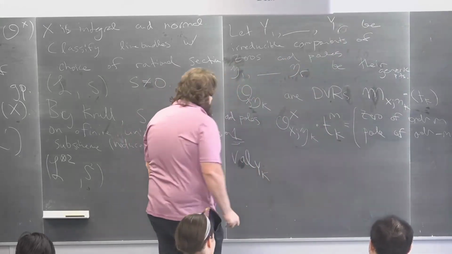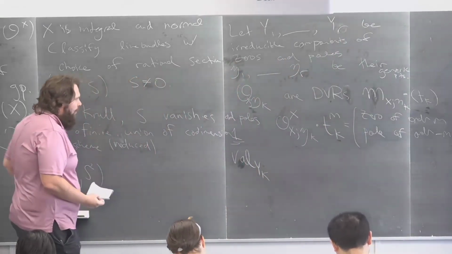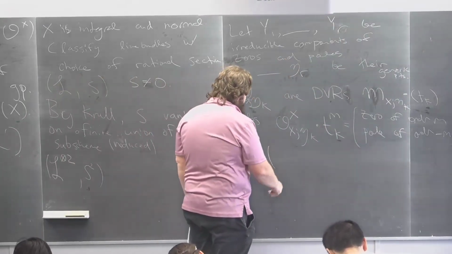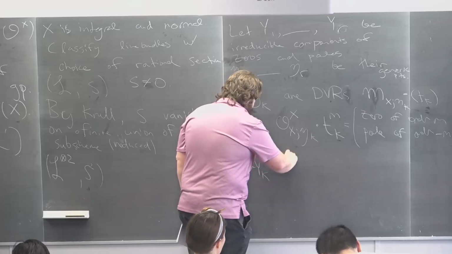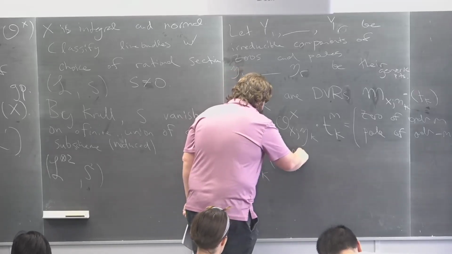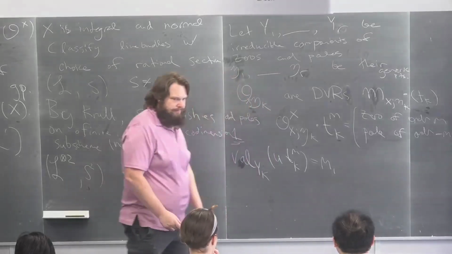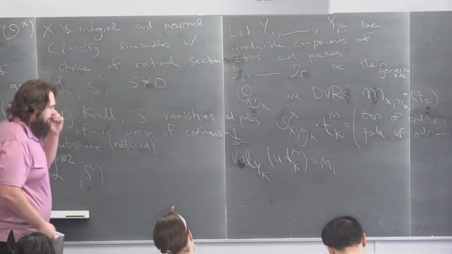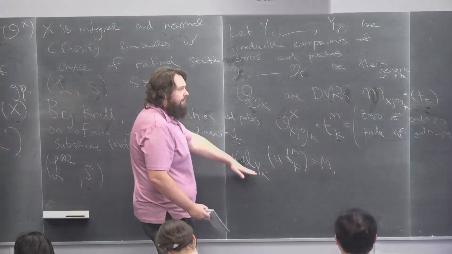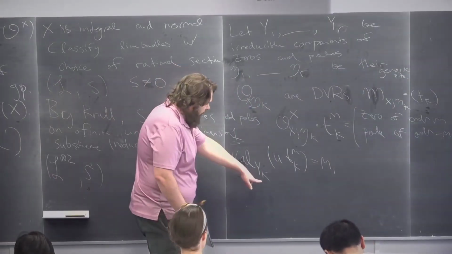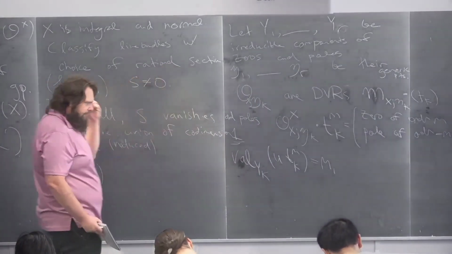If I have a valuation for y of k, which just means when I apply this to some unit times k to the m, it spits out m. So this is the function that says to what degree I vanish or have a pole along this codimension 1.